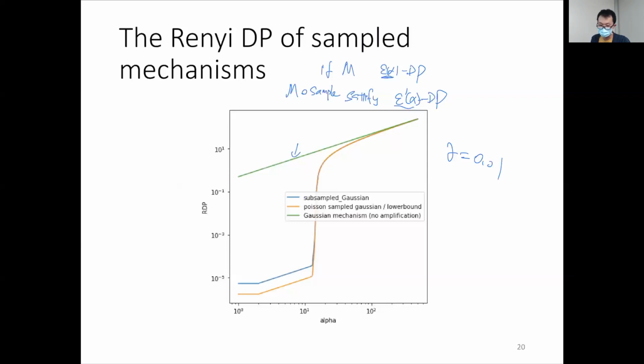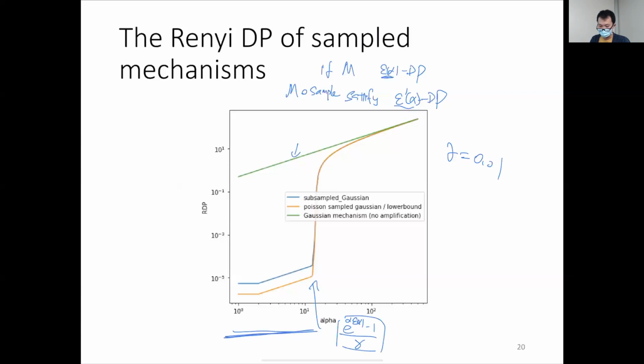So we see that in the regime where alpha is small, this phase transition happens roughly at e to the power of epsilon alpha minus 1. I think there's another alpha roughly this over gamma.